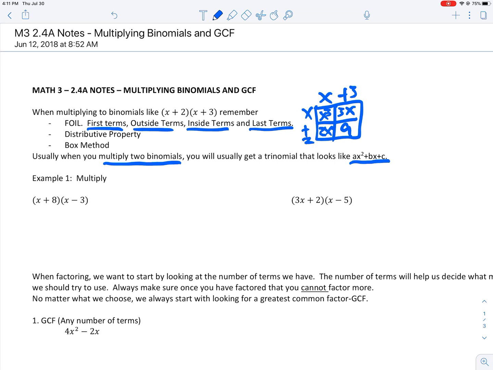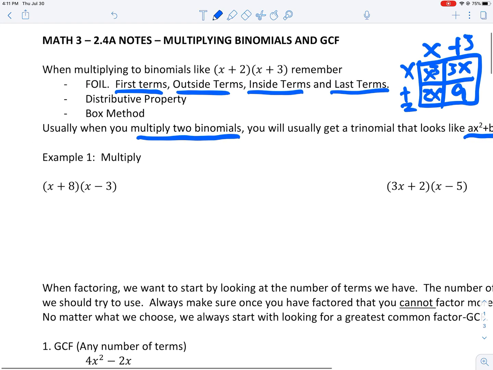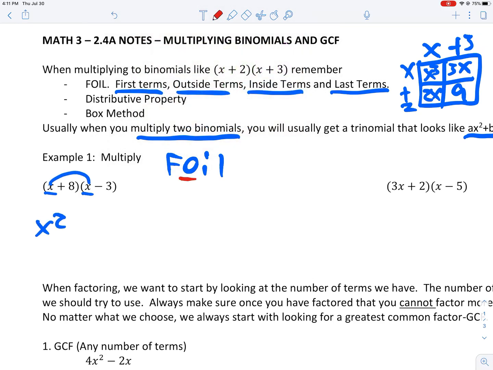So when we're multiplying two binomials, we're almost always going to get a trinomial. So understand that, because a lot of students forget the middle term, the b term. So we're going to multiply. I'm going to use FOIL. First terms, x times x is x squared.